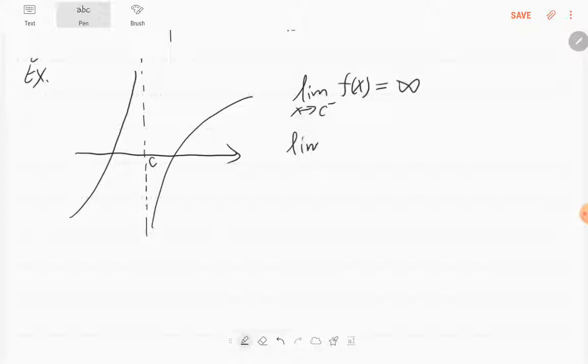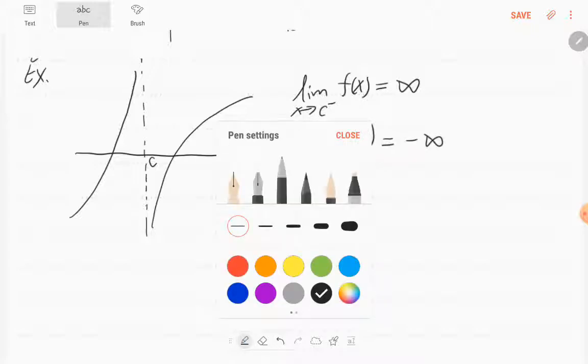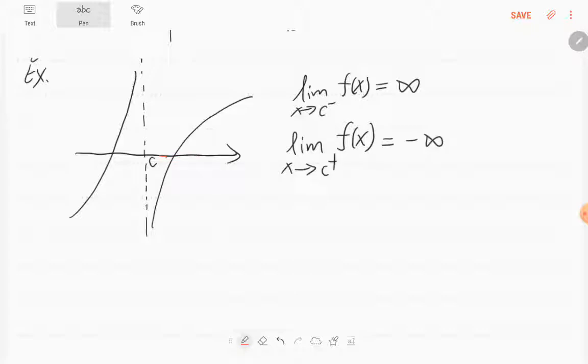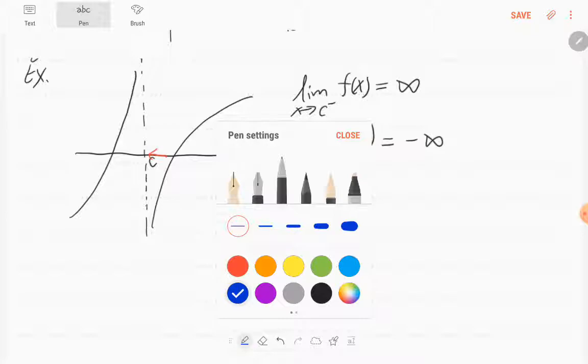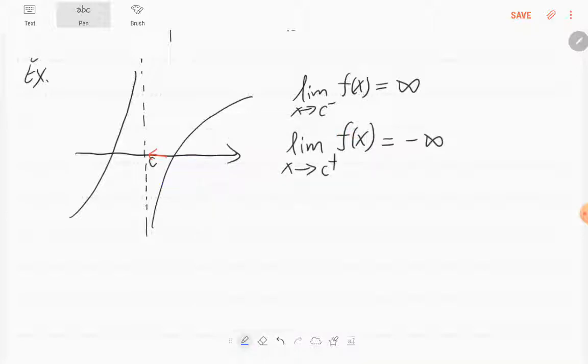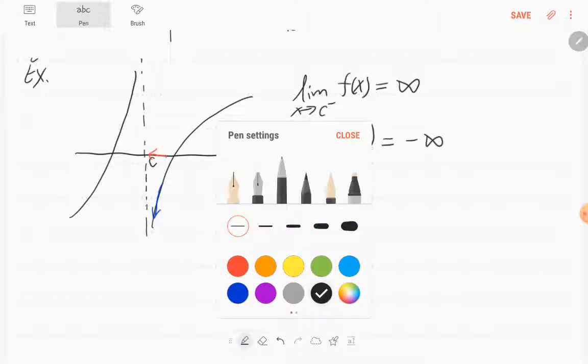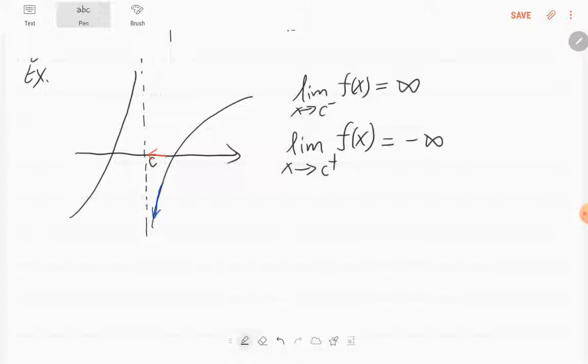The limit as x approaches c plus of f of x would be negative infinity, right? So let's look at why it's negative infinity. As x approaches c plus, the points on the curve will go down along the curve, go down forever, right? So for this case, it's still a vertical asymptote.